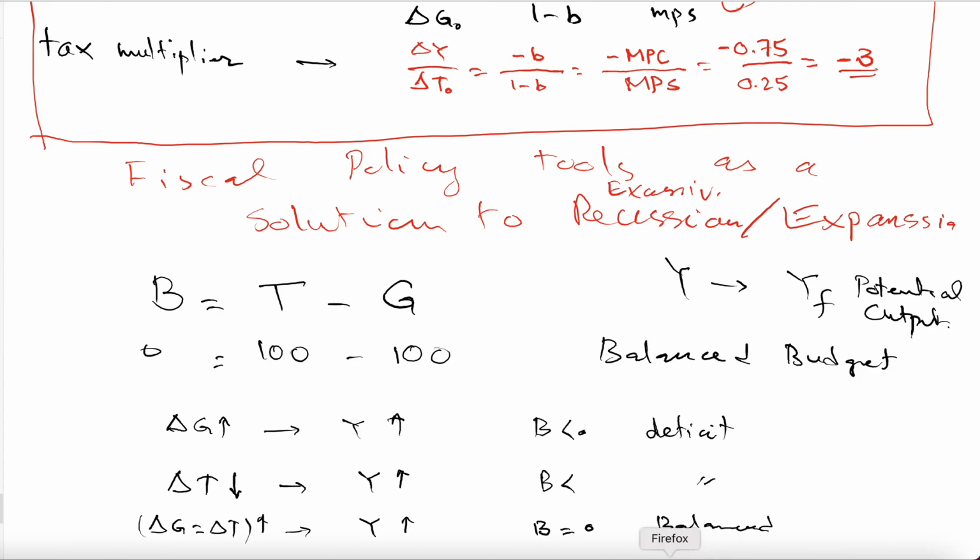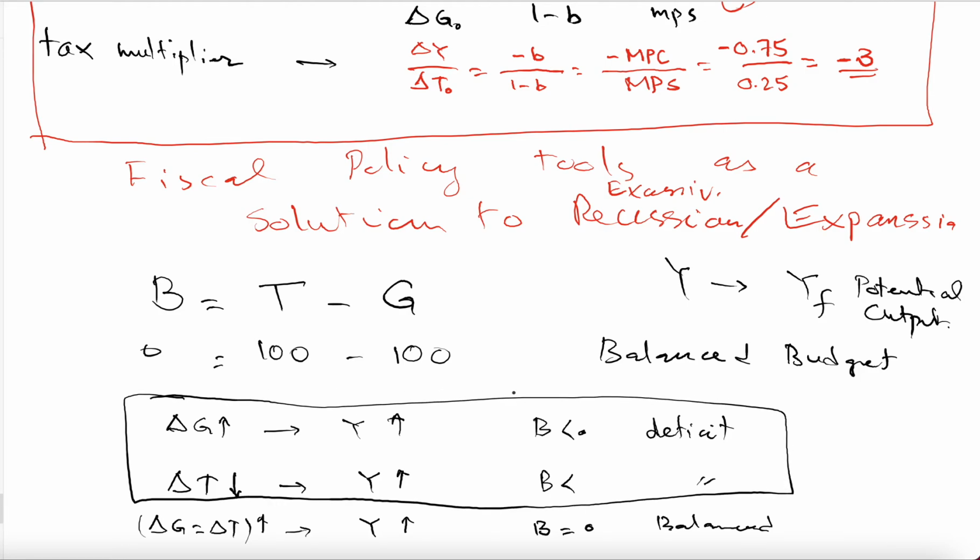This is what's called the balanced budget. So if we have two contradictory objectives, in these two cases, we have a conflict of objectives.